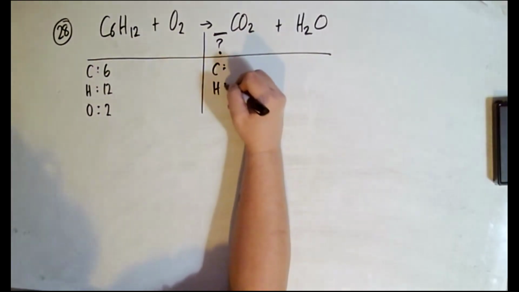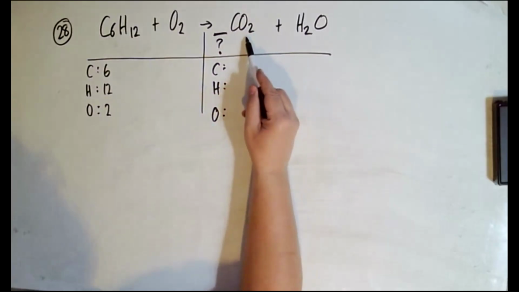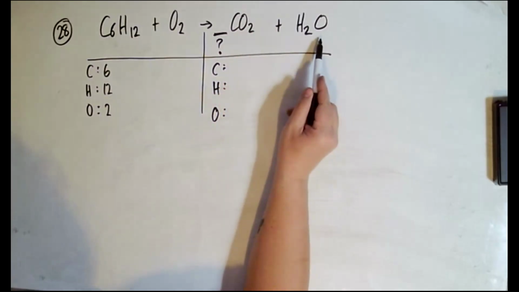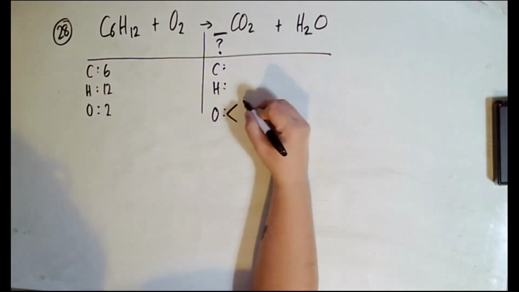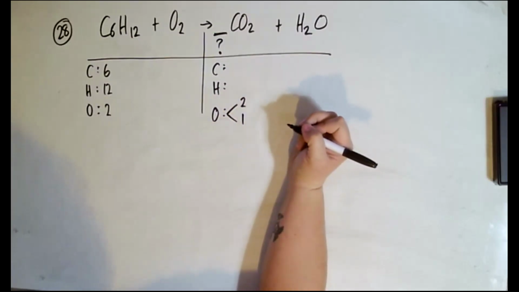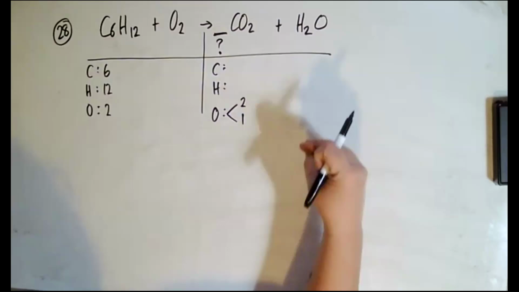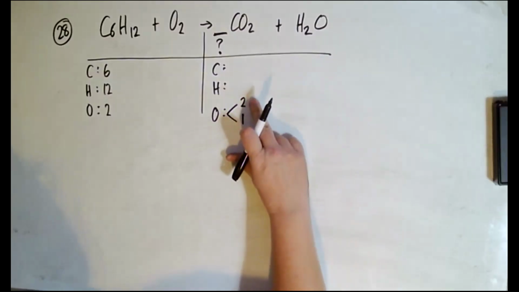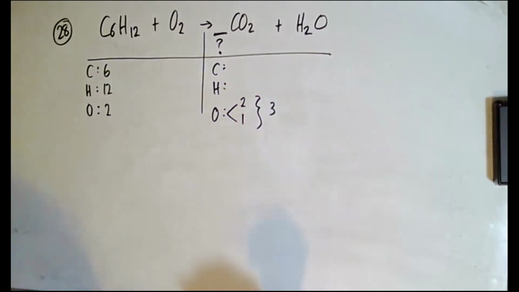And I would recommend on your product side for this one, because we have oxygen that's present in carbon dioxide and in H2O, making a little branch here and keeping the 2 oxygens from the CO2 and the 1 oxygen from H2O separate from each other, just so that you can keep track of them individually and then add them together. So we have 2 for the CO2, we have 1 for the H2O, and we have 3 altogether.